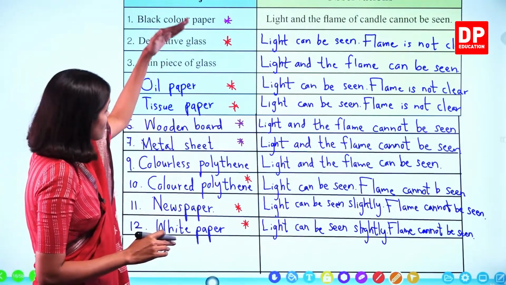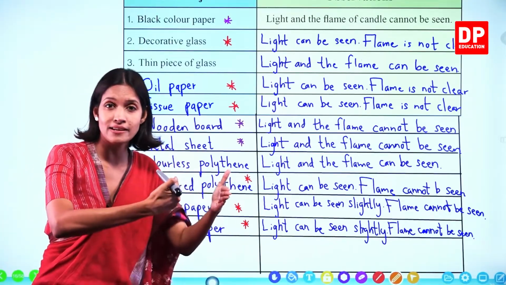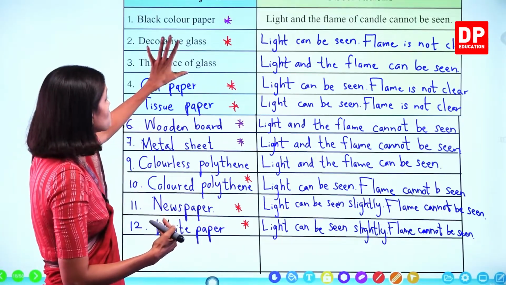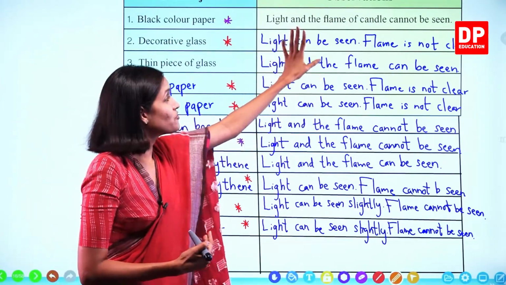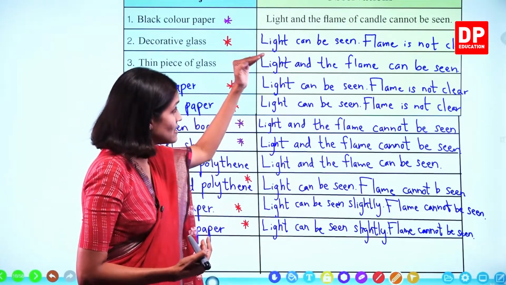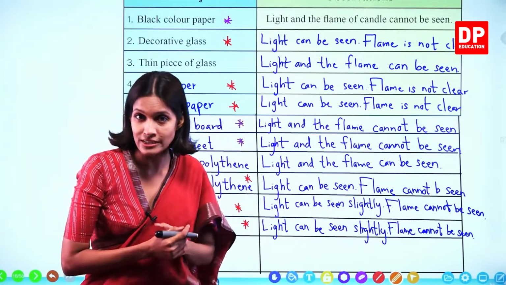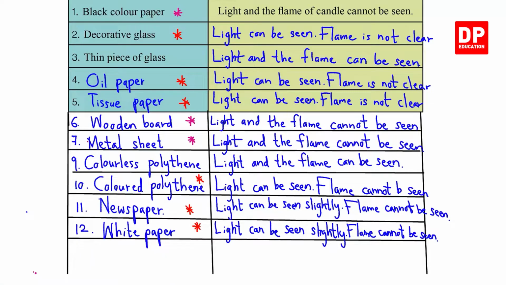When you place any of these materials between the cardboard and the candle, and when you look through them, the light can be seen clearly, but the flame is not clear. Right? Even though we can see the light, flame is not clear. Okay, children? And look at the third type, thin piece of glass.